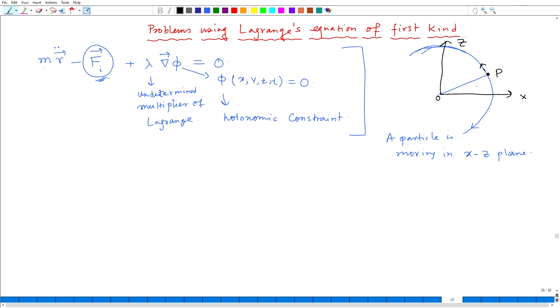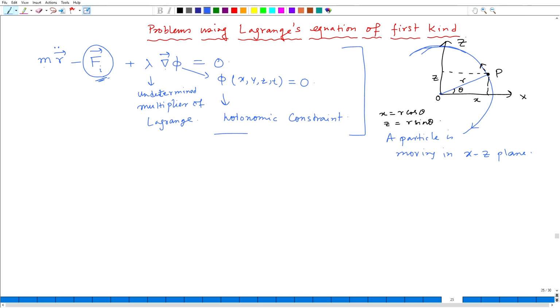Then, this is x and this is z, and if this is the polar angle theta and this is r, then of course x is equal to r cos theta and z is equal to r sin theta, that we all know. Now, coming back to the problem.